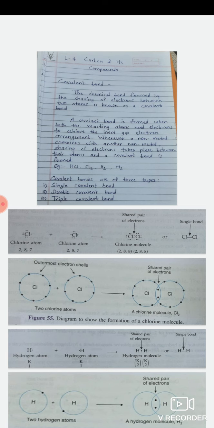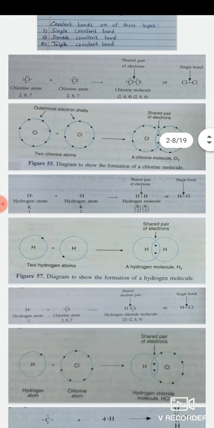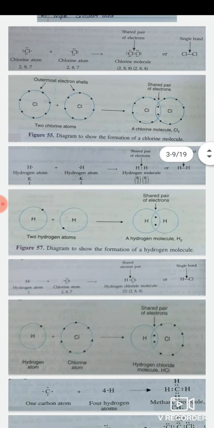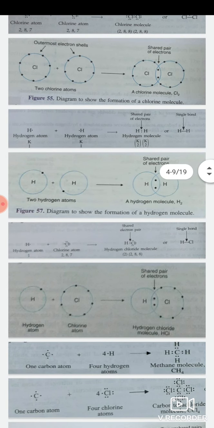Next, formation of hydrogen molecule. Again, hydrogen contains one electron. So hydrogen shares one electron. Therefore, a single covalent bond is formed in this molecule. You can see the formation of the hydrogen molecule. Now, hydrogen chloride. Hydrogen is a non-metal. Chlorine is also a non-metal.